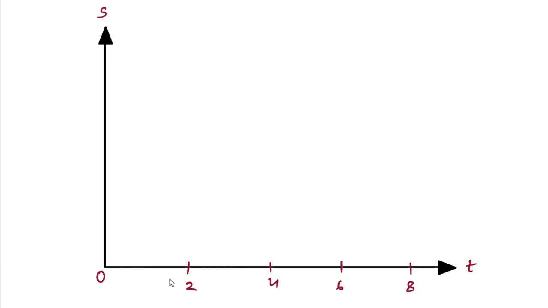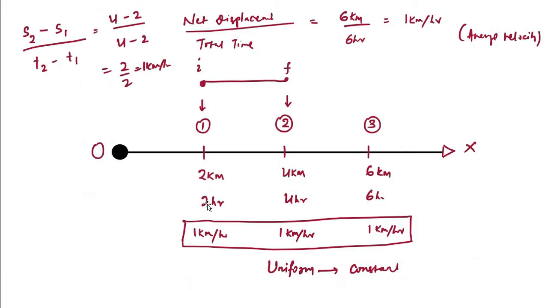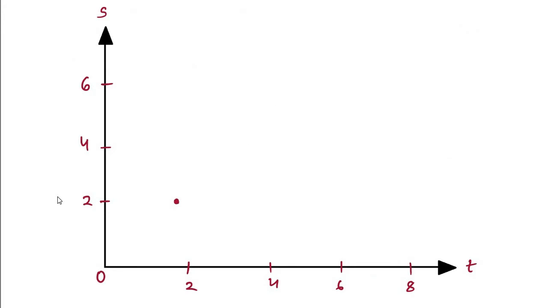Here also 2, 4, 6. So at time 2 hours, distance is 2 kilometers. This is in kilometers, this is in hour. At 4 hour point, this is 4 kilometers. At 6, it is this.